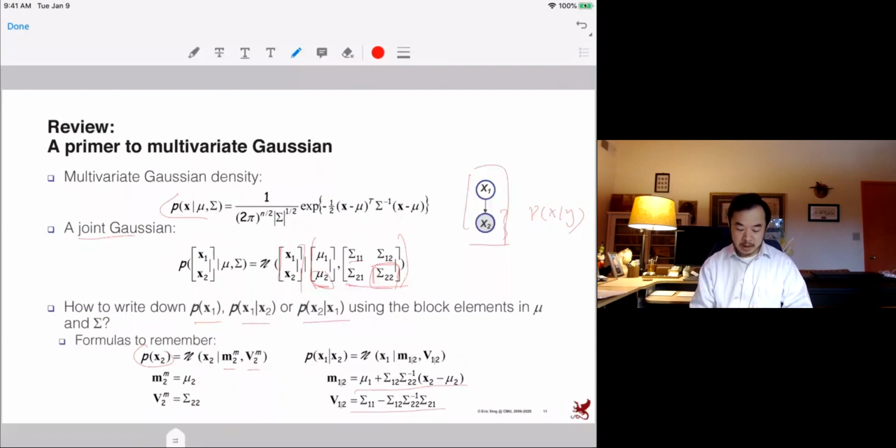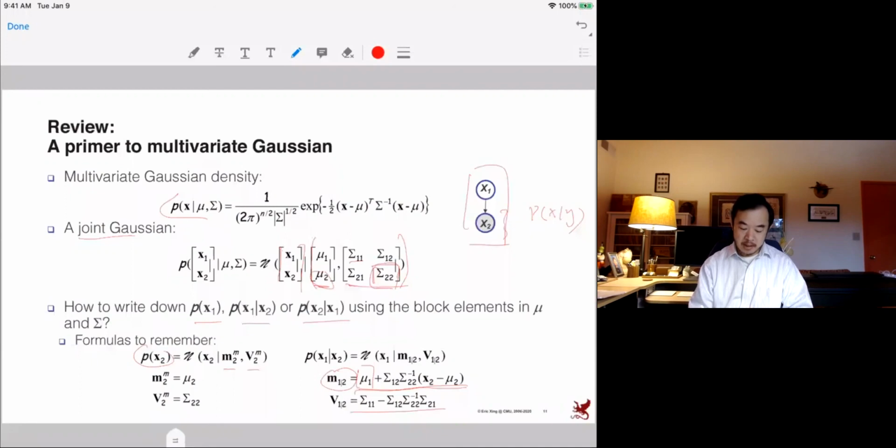So the conditional mean of x1 given x2 is defined by its original mean mu1 plus some shift. The shift is basically defined by the difference between your observed x2 and the mean of x2, multiplied with a few matrices.